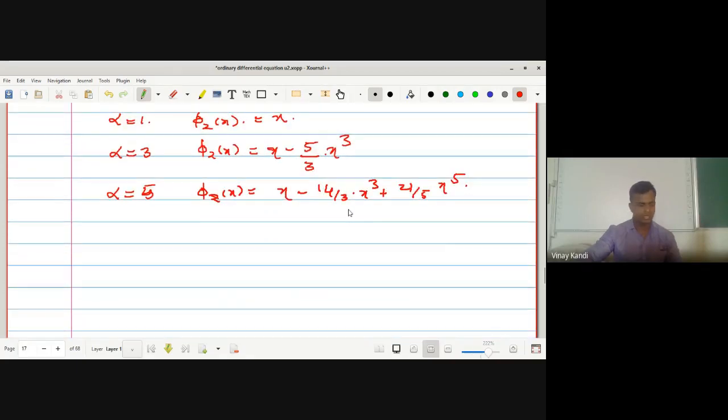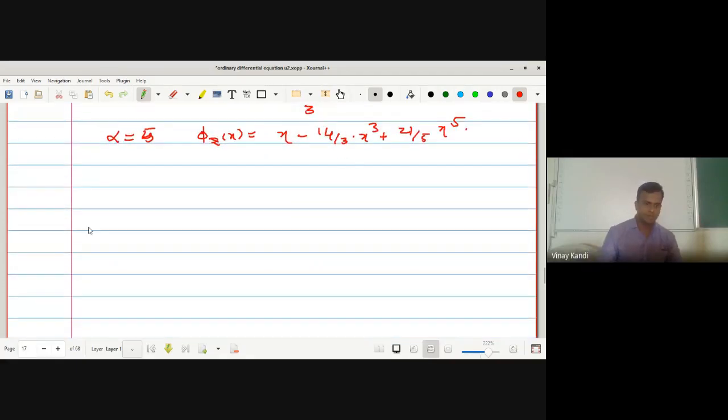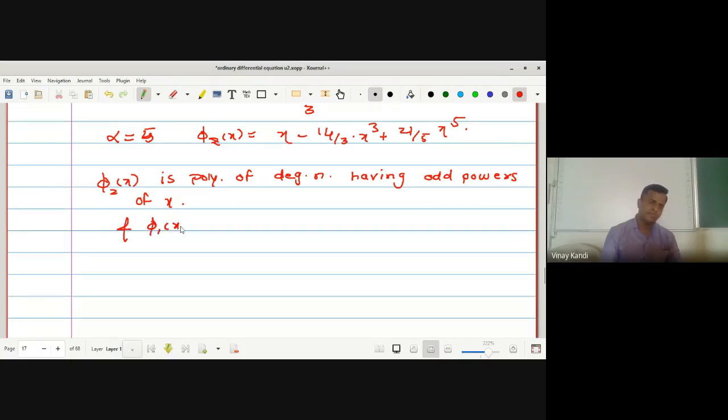Okay, hence phi 2 of x is a polynomial of degree n, having odd powers of x, and phi 1 of x is not a polynomial.